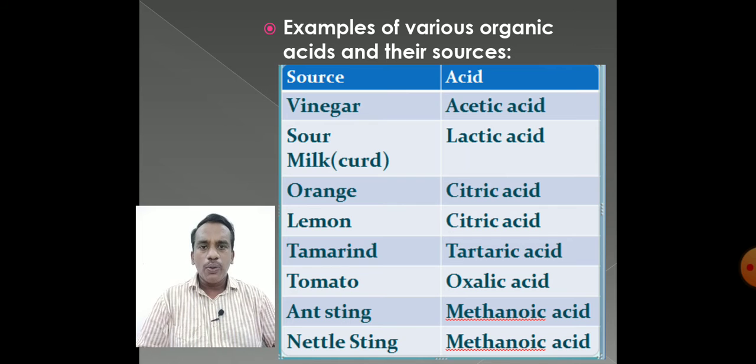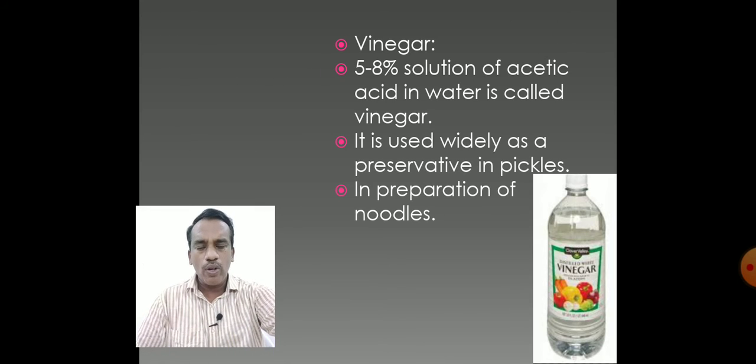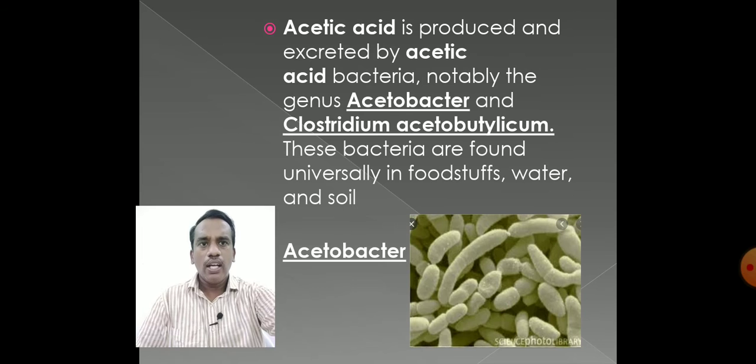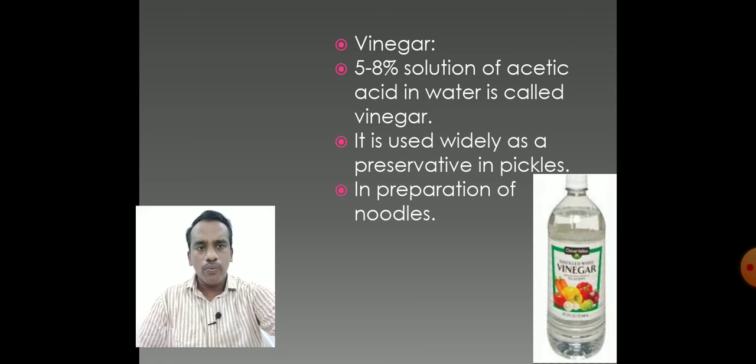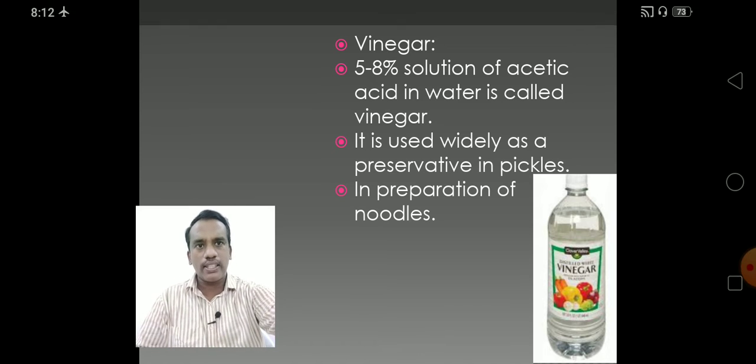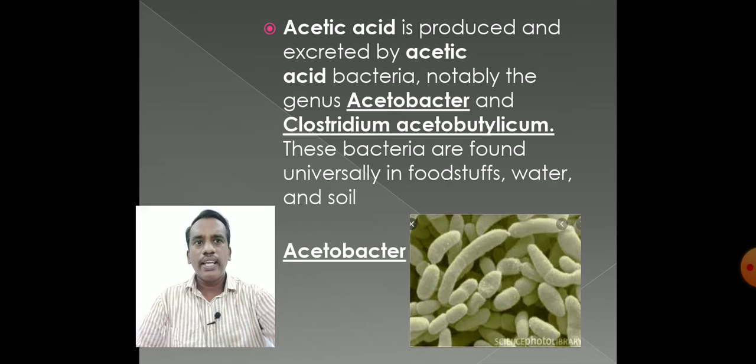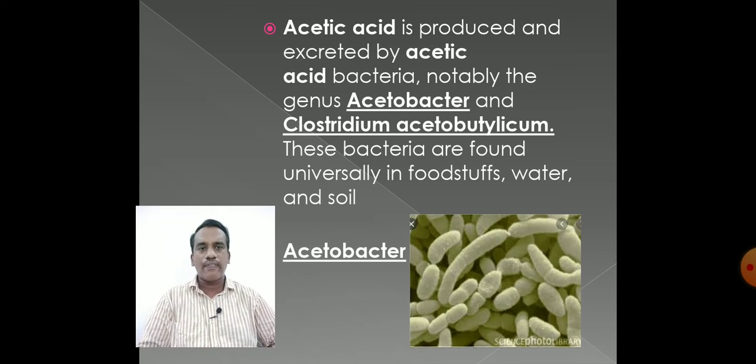Do we know where we get this acetic acid from? We had already discussed this point, that we use acetic acid in noodles. Acetic acid is generally extracted from acetic acid bacteria.